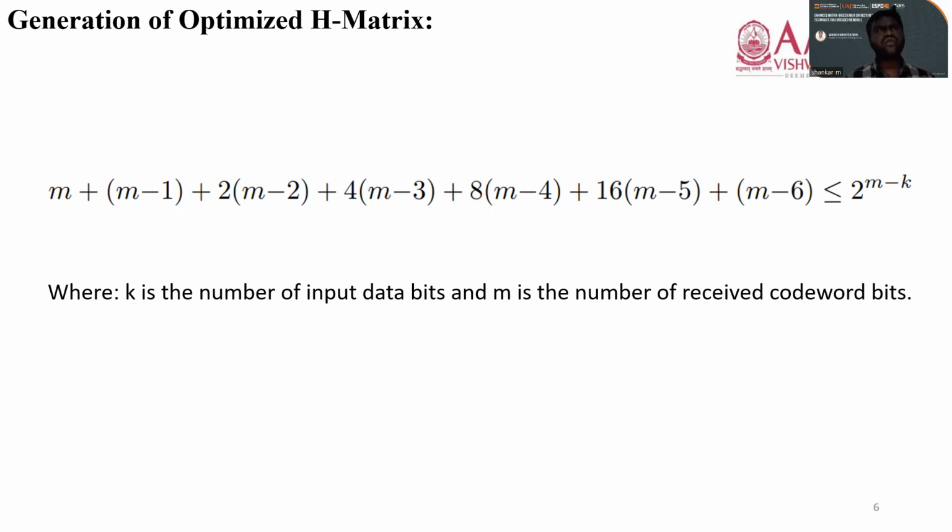We used different values and came to know that for 7-bit adjacent errors, we need 10 parity bits. A value of M equal to 10 satisfies this equation, so we have taken 10 as the number of parity bits needed to find the adjacent error.